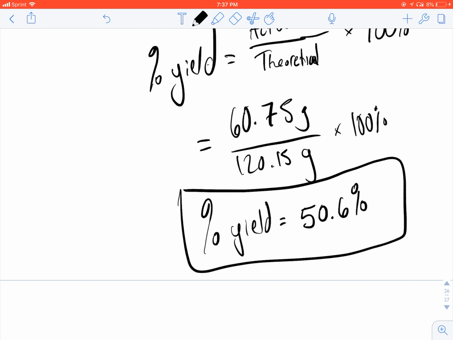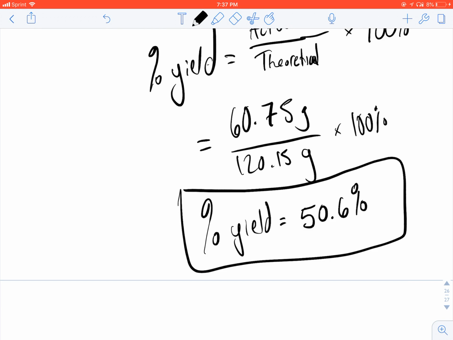All right, so it tells us, is this good? Well, it kind of depends on what scale you're looking at.